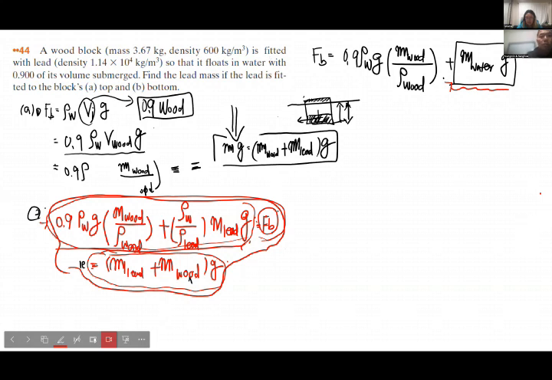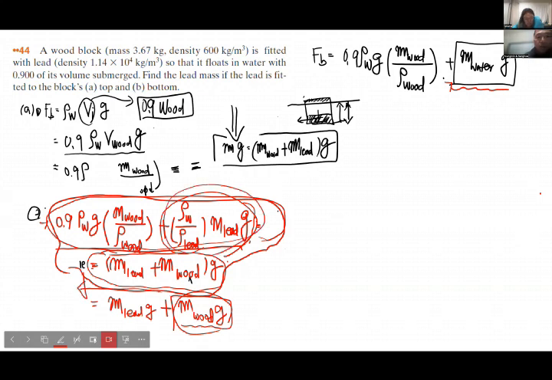But let me show you how to derive the formula. It's actually pretty straightforward. Look, if you put the G inside the bracket, that should be M_lead G plus M_wood G, right? You move the second term to the right-hand side, and M_wood G should be moved to the left-hand side of this equation.